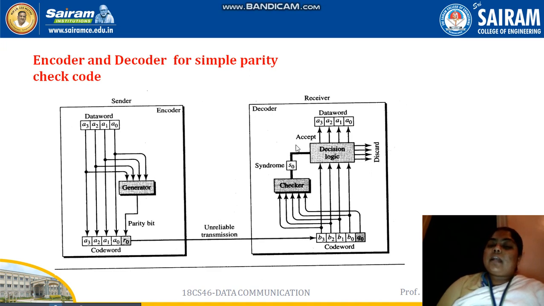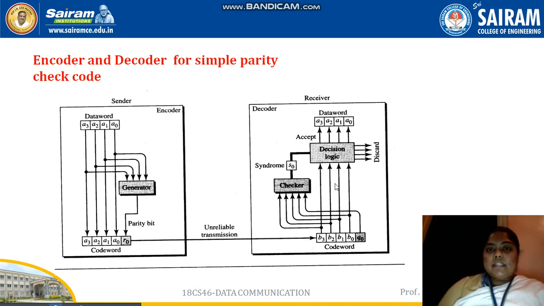During that time our decoder is going to reject it, meaning discard it, because our aim is that if it is even parity, I have to accept the result at the receiver side. If it is not, it is going to discard it. Same thing, if it is even parity, it is going to accept the particular data at the receiver side. If it is not, it is going to discard it.